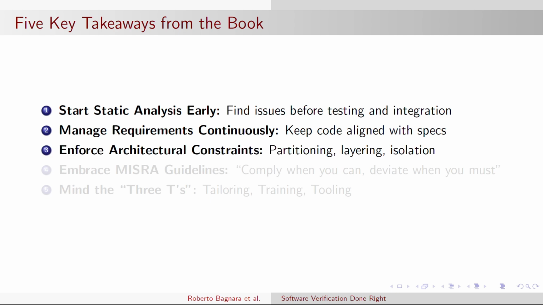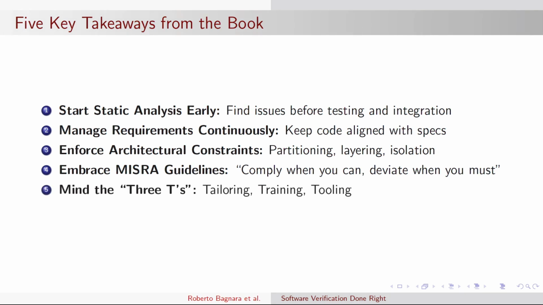Enforce architectural constraints to make sure you don't have unwanted interactions in your software, and embrace MISRA guidelines. This is much easier than you might think, especially in view of the deviation process, which is greatly enhanced by what we call the tailoring of the MISRA guideline, which is the first of the 3 T's, which constitute the 5th takeaway.